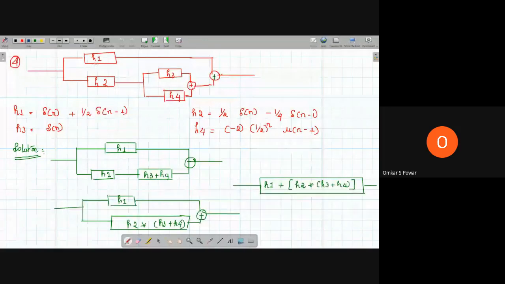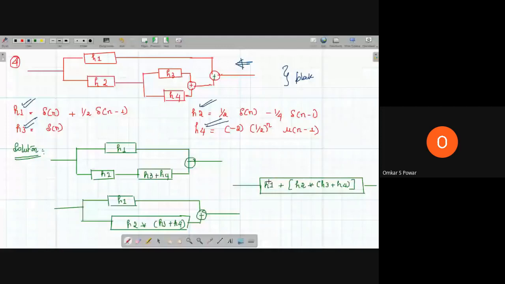So this block diagram they'll give, and also they'll give the values of h1, h2, h3 and h4, and they'll say find the impulse response. So what is your main motive behind solving this problem? First, solve this block diagram and you'll get the impulse response like this, and then substitute what h1, h2, h3, h4 are, then solve it.